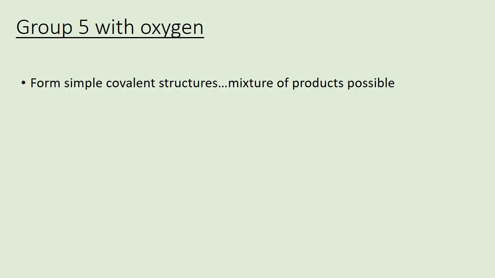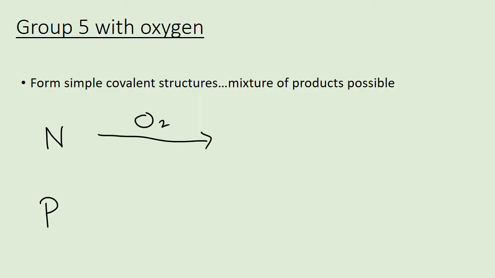Group 5 with oxygen then. So group 5 here, we've got nitrogen and phosphorus. Now, these are simple covalent structures, but we get mixtures of products here, okay? So I'm not going to give one simple equation, I'm going to give the possibility.